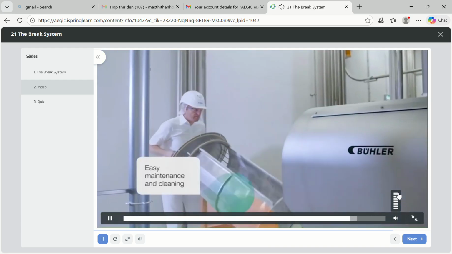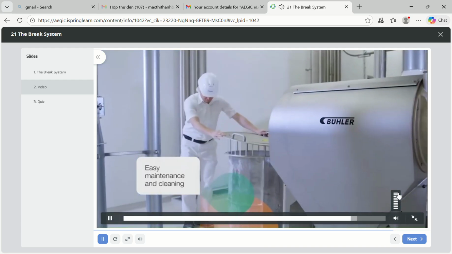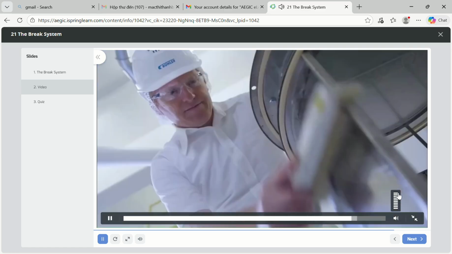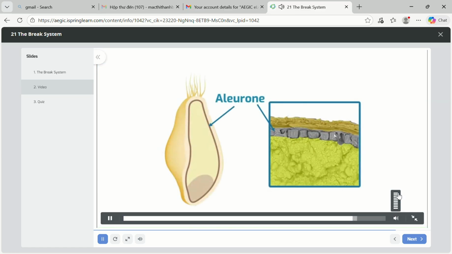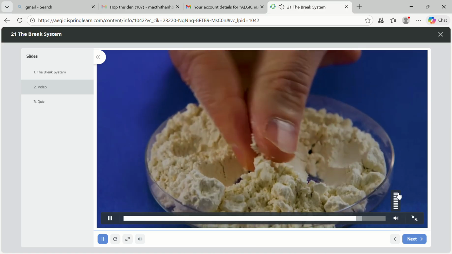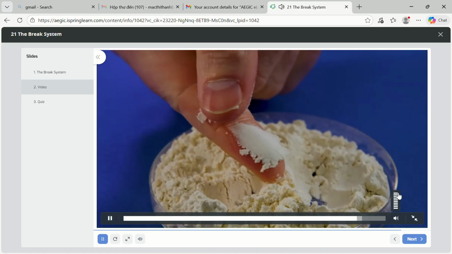Screens should be regularly checked for wear. Bran finishers clean the outermost layer from the bran with less bran breakage than roller mills. This outermost layer is called the aleurone layer and is the oiliest and therefore stickiest of the flours.